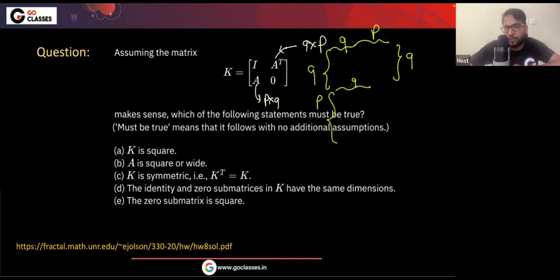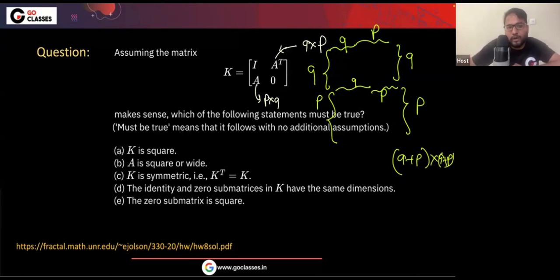For the remaining one, the number of rows must be P and the number of columns must be P. So this is Q cross P, Q plus P cross Q plus P.